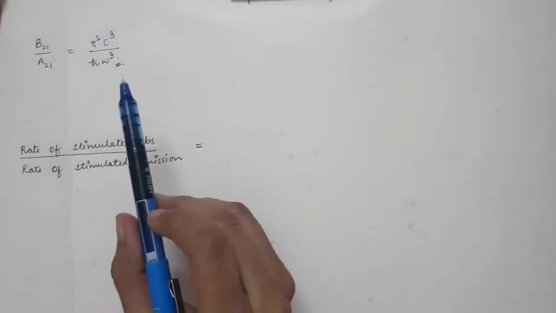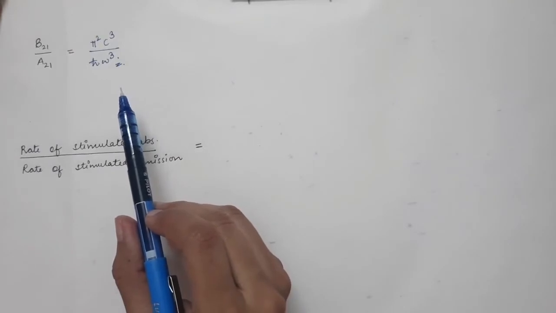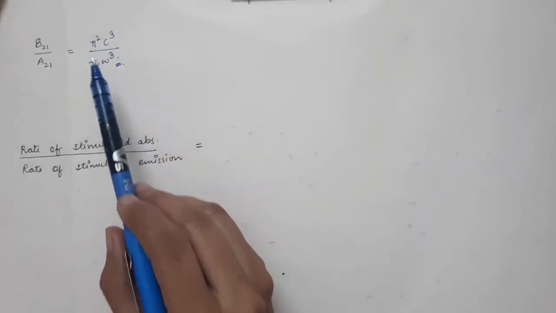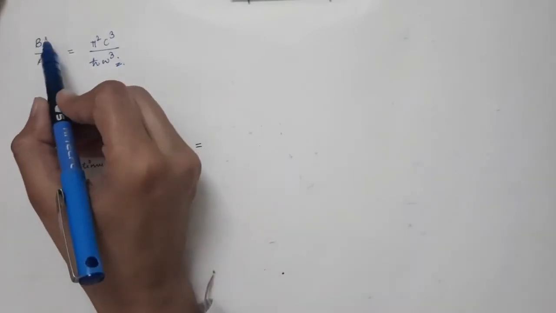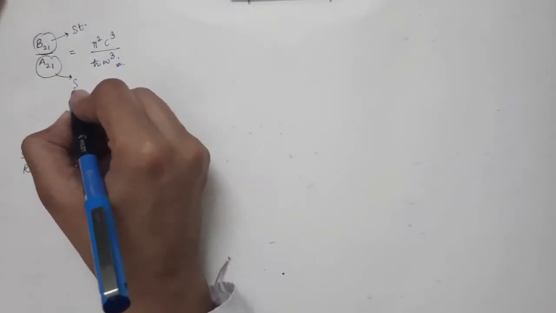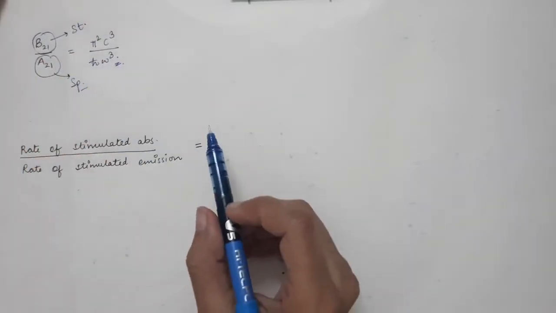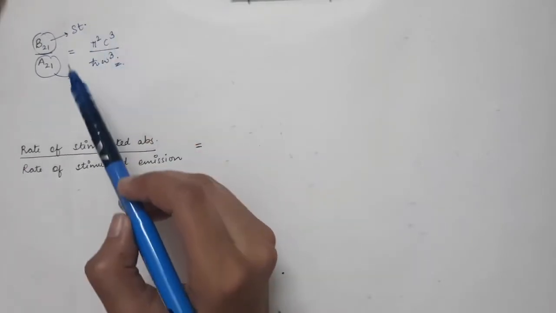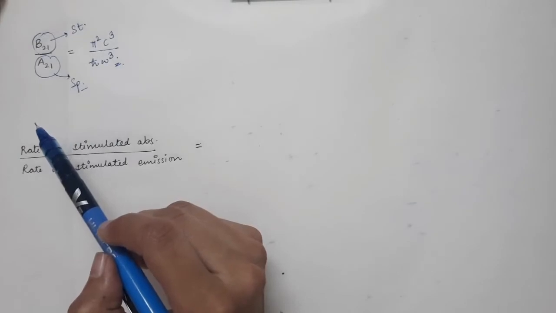This ratio we have already found in the derivation of Einstein's coefficients. So B21 is for stimulated emission and A21 is for spontaneous emission. In a laser we want more probability of stimulated emission as compared to spontaneous emission.